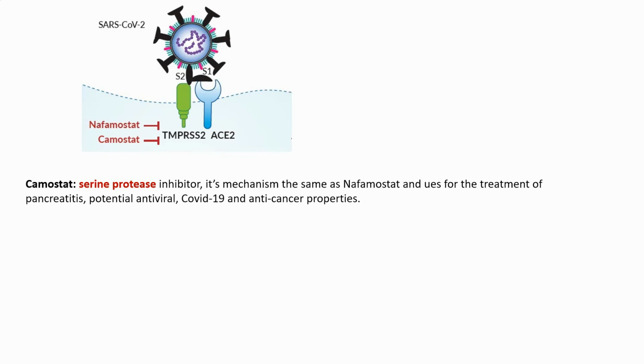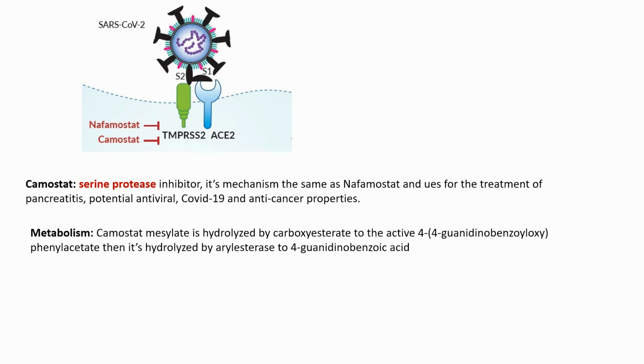This type also has the same effect; we use it for pancreatitis, and it has a high potential antiviral effect. It also has anti-cancer properties regarding pancreatitis. In the metabolism, as I mentioned, camostat mesylate is hydrolyzed by carboxylesterase and converted to 4-guanidinobenzoyl phenylacetate.